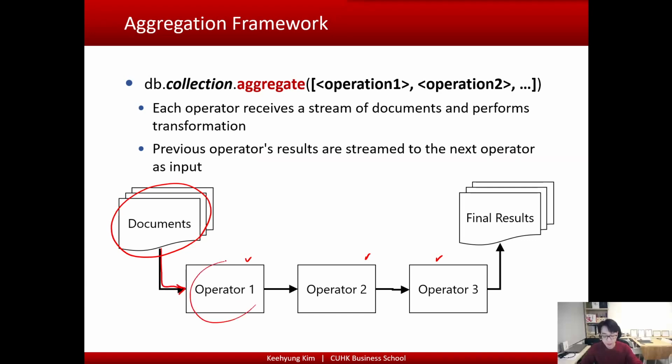After operator one does the operation, the results will be sent to operator two. And then the results will be sent to operator three. And then the final results will be returned back to the user. So basically, that's a pipeline of operations we are designing by utilizing the aggregate function in MongoDB. So that's the basic framework in MongoDB.